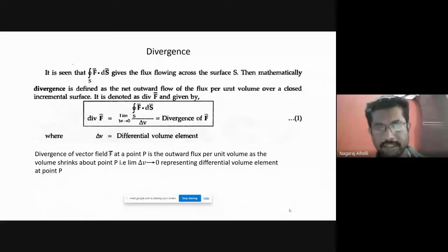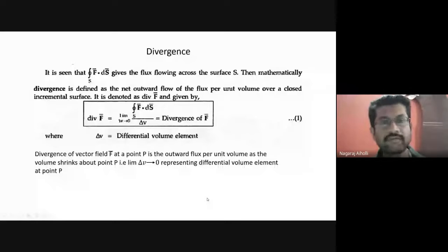Today's class, let me explain what are called the divergence, gradient, and curl of vectors. First, I'll begin with the divergence.